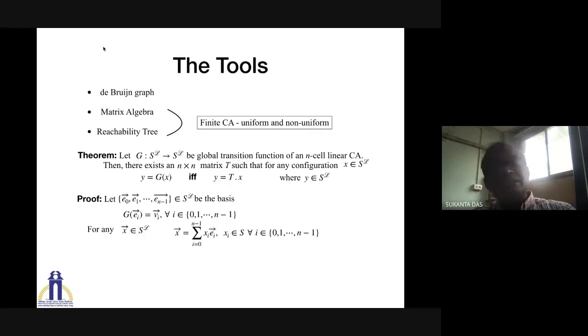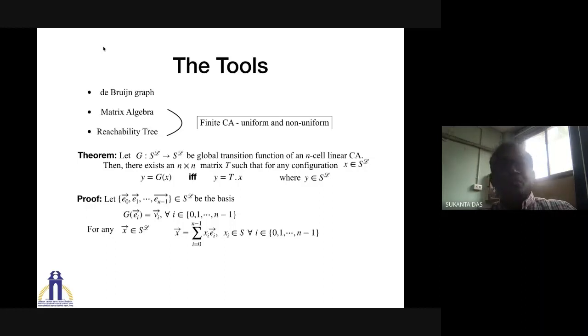In our case, xi belongs to S, my set of states. I have considered that S is 0, 1, 2, 3, up to d minus 1, so each cell has d states. So these are the scalars.